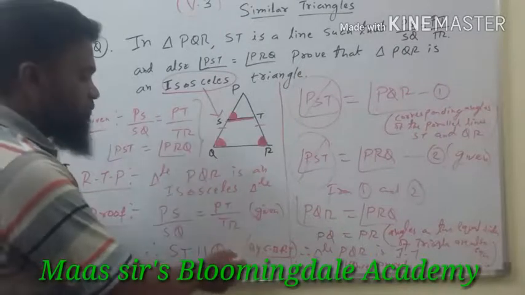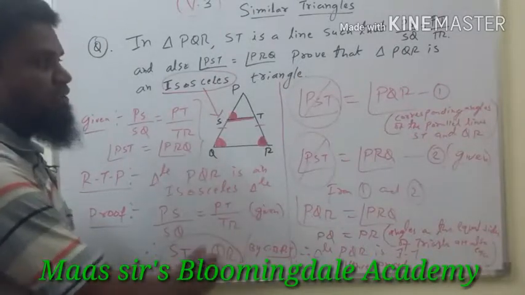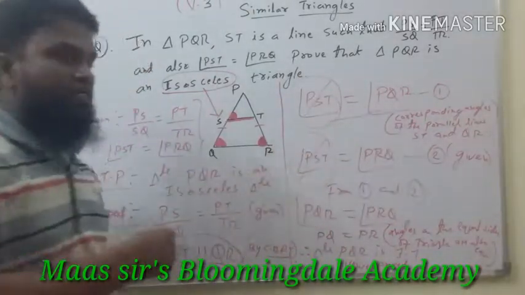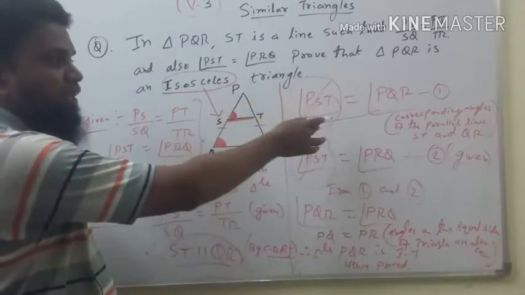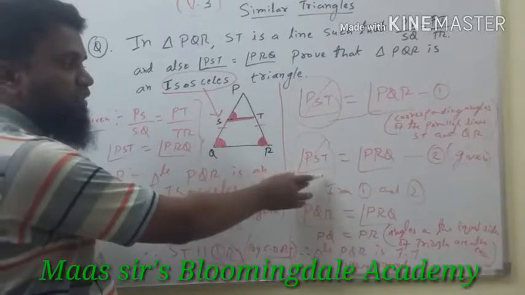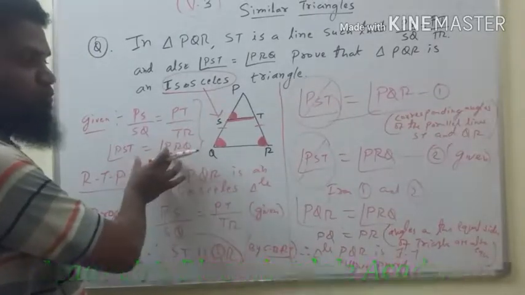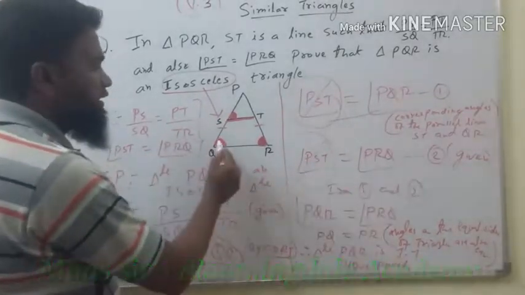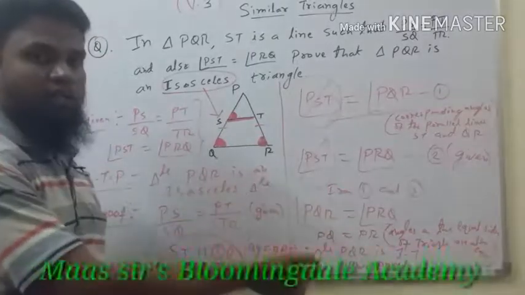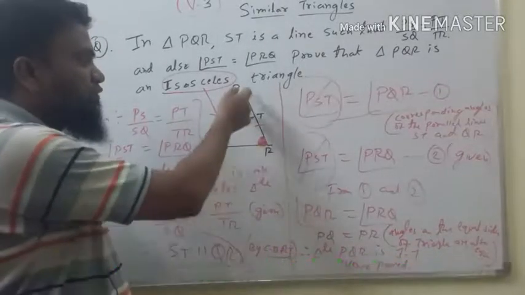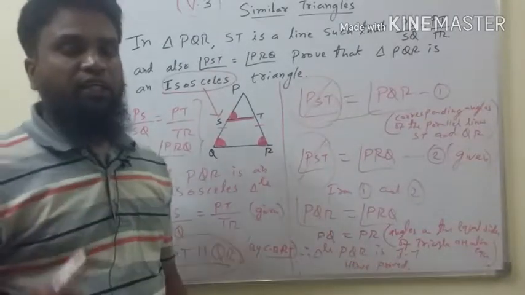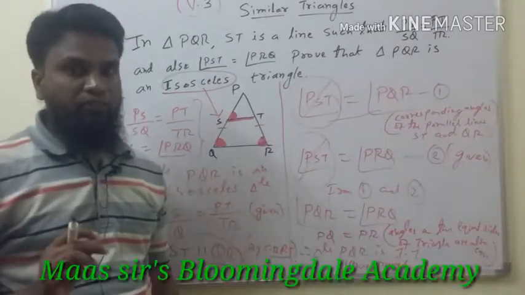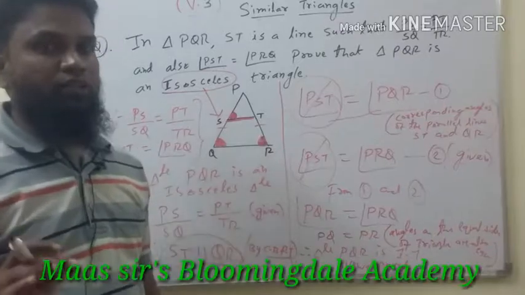Then you take the corresponding angles; this angle is equal to this angle, which gives the first equation. Then you write the second equation, whatever is there in the problem. From these you get that this angle is equal to this angle. When the angles are equal, the sides are equal. When the sides are equal, it is an isosceles triangle. I hope you understood this problem.